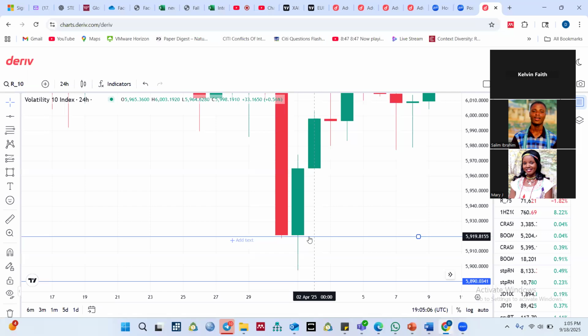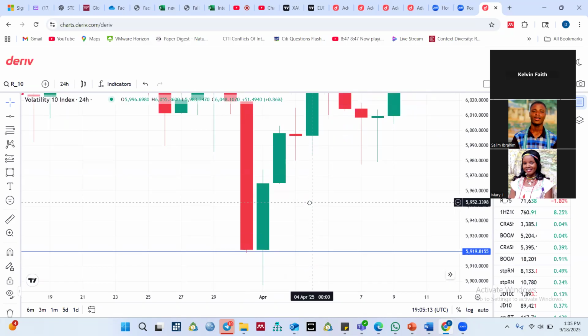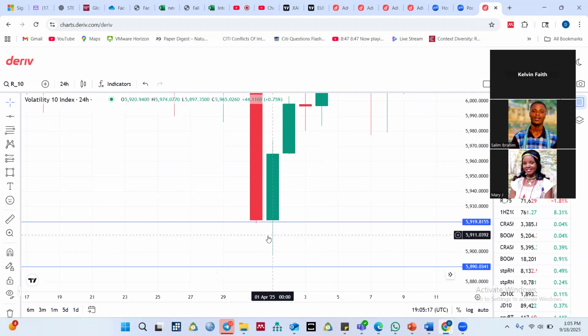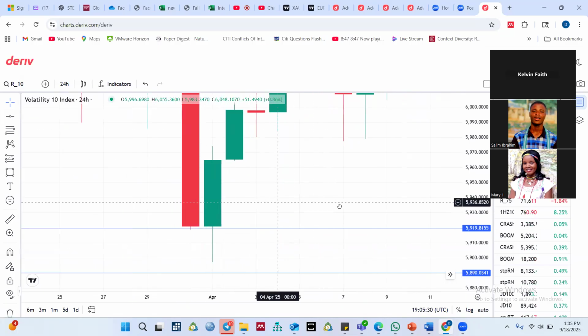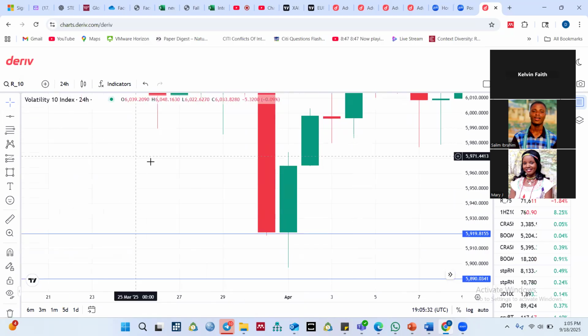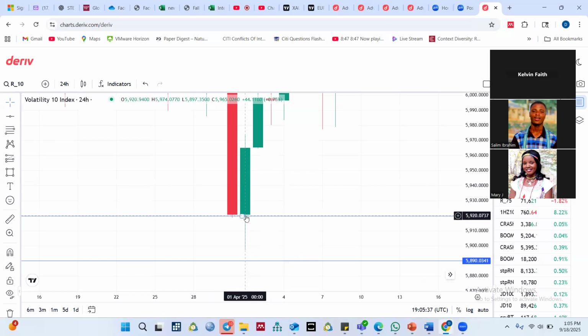Okay, the wick is important, but where the body takes off is more important. So this could be a sweep of the previous candle's low and then a rejection to close above. Do you understand? You get it? Good. So that's why I'm putting the line here.